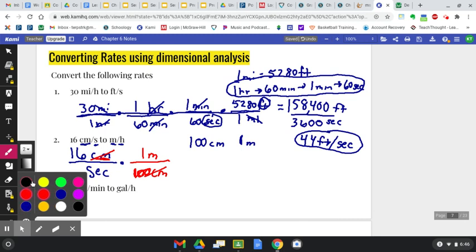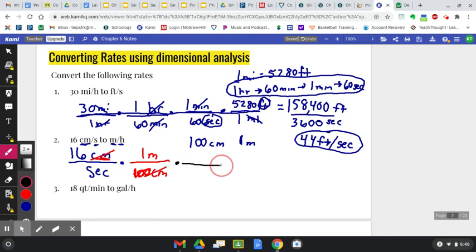And then we need to go from seconds to hours, all right? And we have that up here. So since the seconds are on the bottom, I need my unit for seconds on the top, right? And I know that there's 60 seconds in 1 minute.